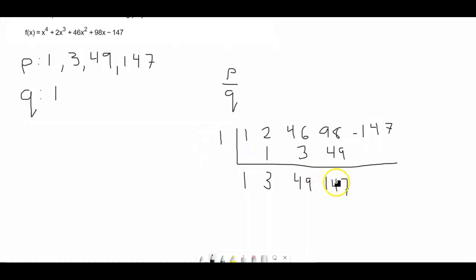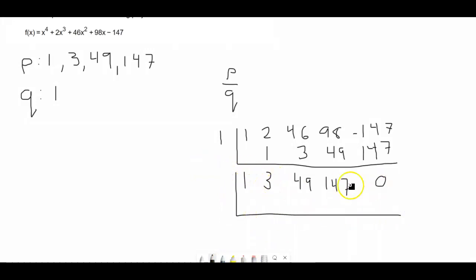And 1 times 147 is 147. And then I add these, and I should always get 0 at the end. If I don't get 0, then I either picked something that was not a root or my math went awry somewhere. Okay, so now I am going to go ahead and do this again.